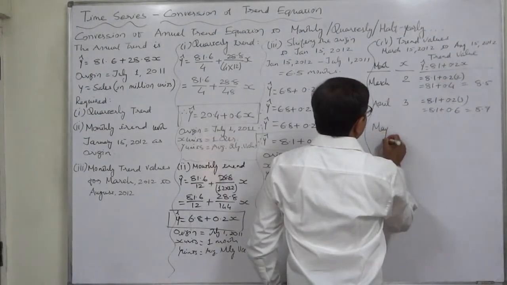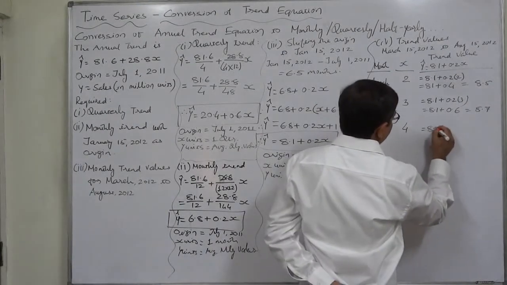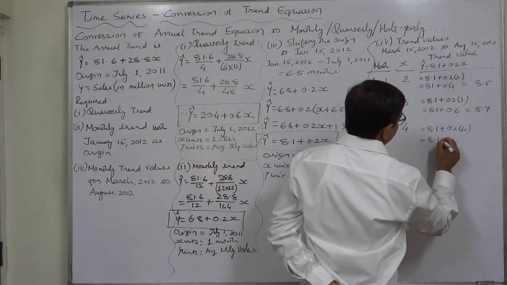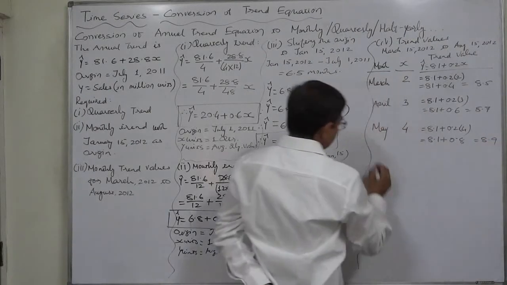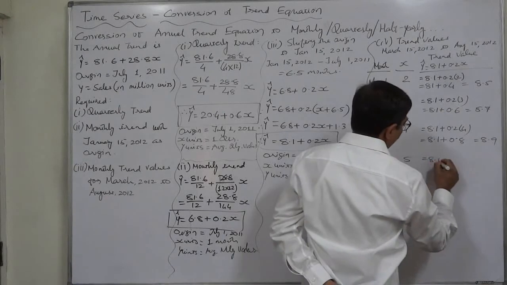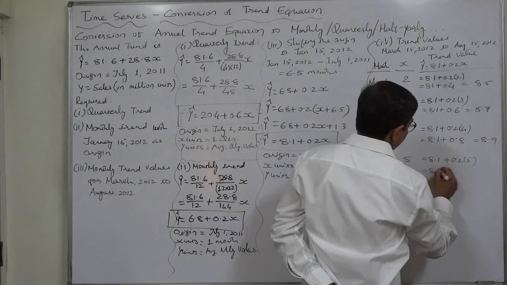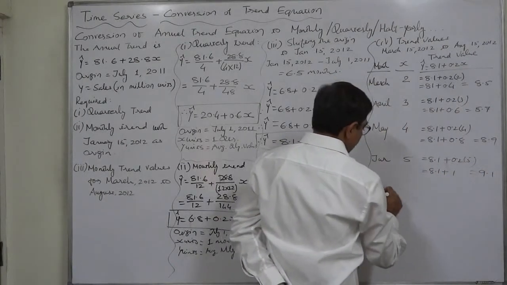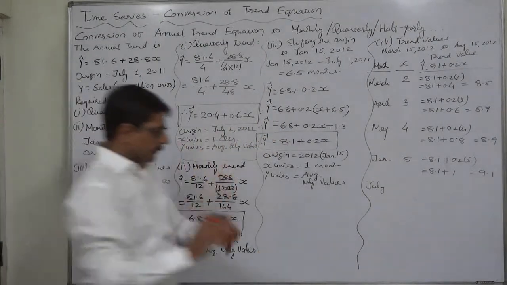May minus January, that will be 4. So 8.1 plus 0.2 into 4, that is 8.1 plus 0.8, that will be 8.9. Similarly, June, X is 5: 8.1 plus 0.2 into 5, that is 8.1 plus 1, 9.1. July, it is something like labor work, but we have to follow the instruction given by the examiner.